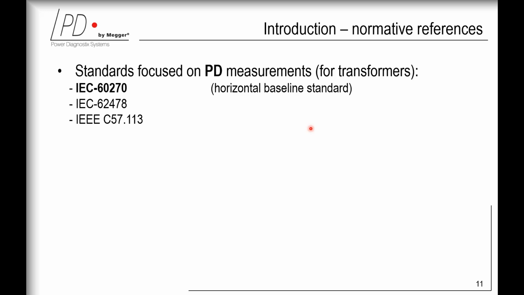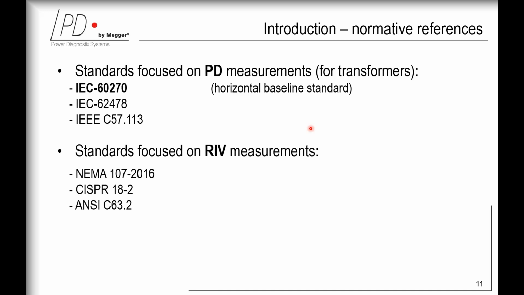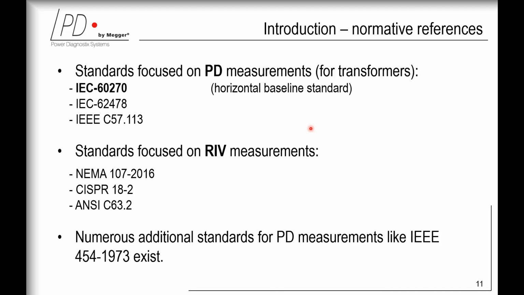The IEEE C57.113 is based on the preceding standard for RIV testing, namely the NEMA 107, but also referencing the IEC 60270, the IEC 62763, and IEEE 454/1973, which is an additional standard part of the IEEE regime. And again, I would like to emphasize there are numerous additional standards which are not mentioned here, since the development in PD testing, especially when it comes to DC testing, is progressing fast.